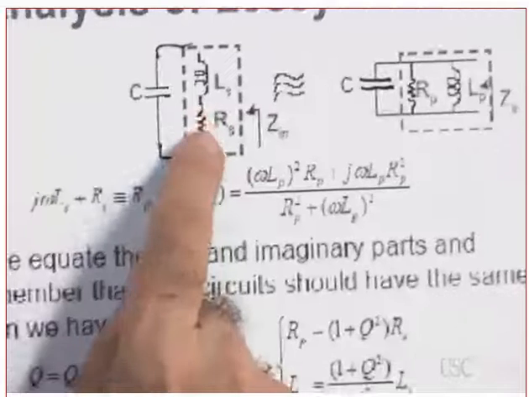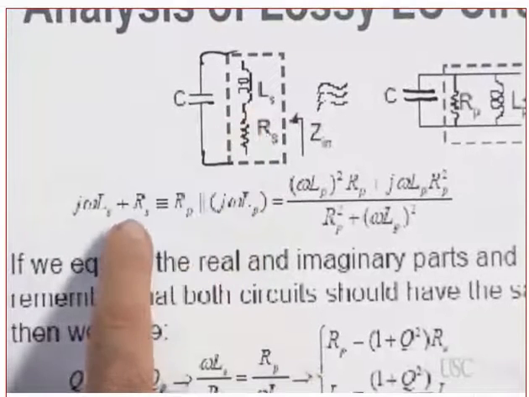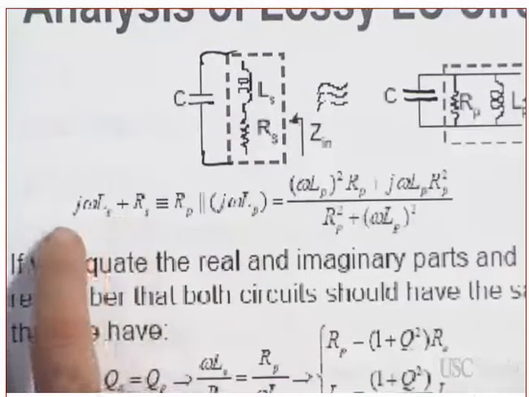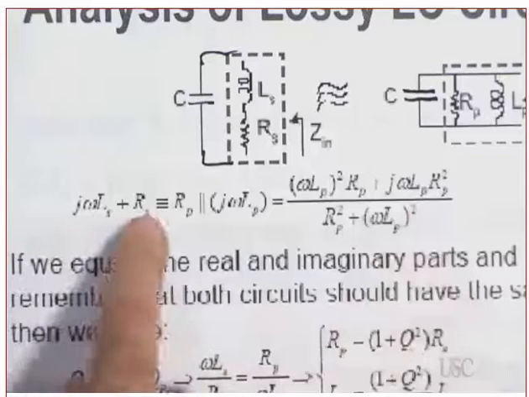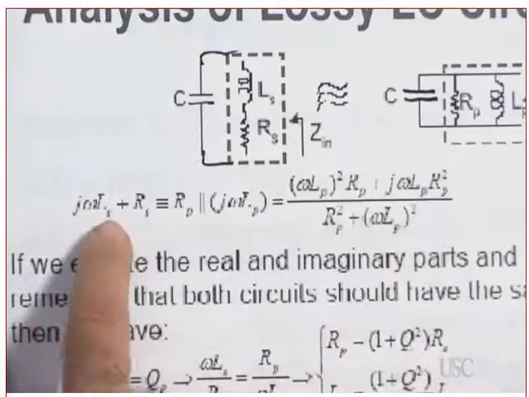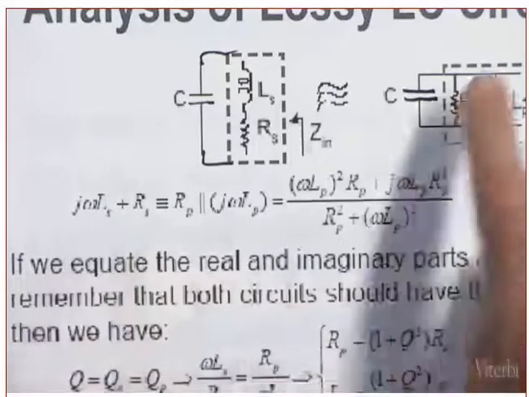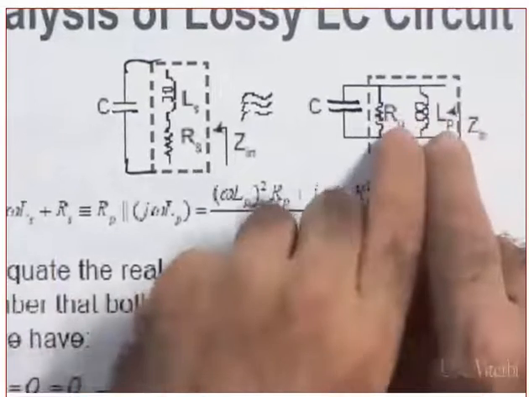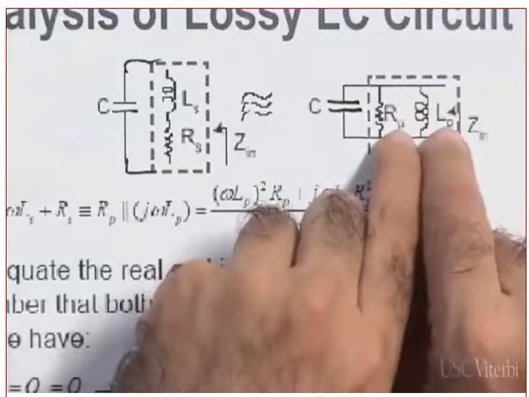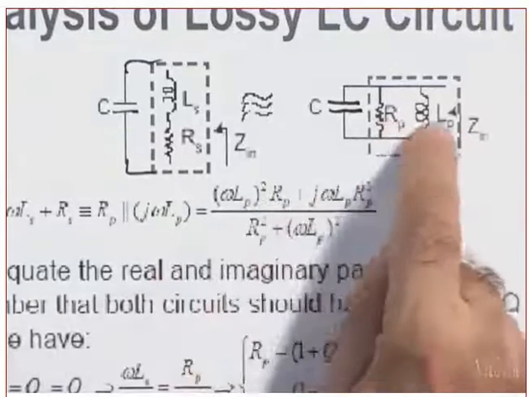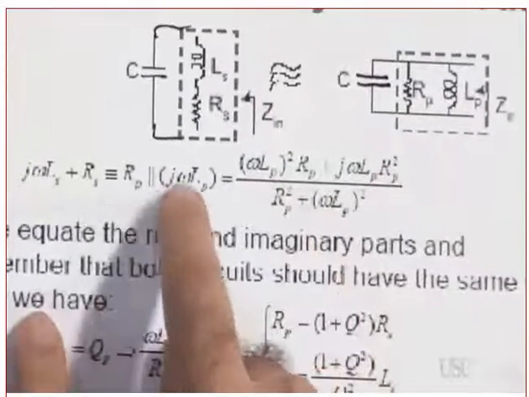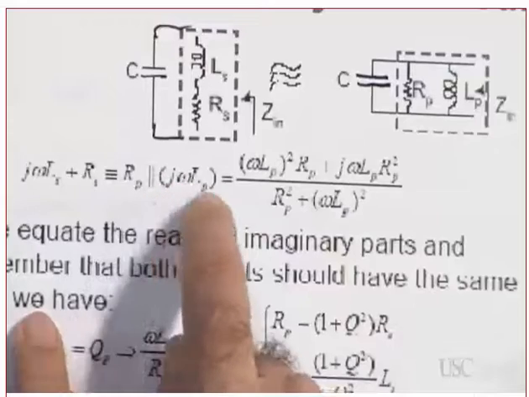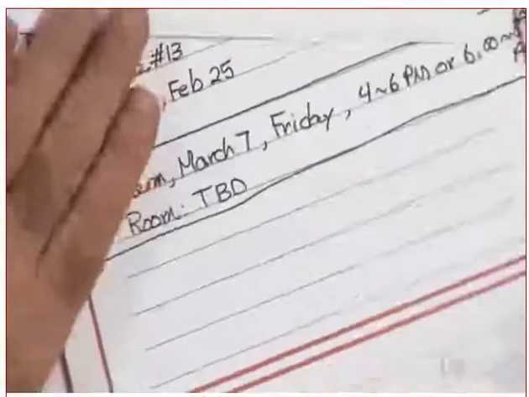The impedance of this guy is RS plus j omega LS. Agree? By the way, you notice now it's the P. P means parallel. The impedance of this guy is RP in parallel with j omega LP.